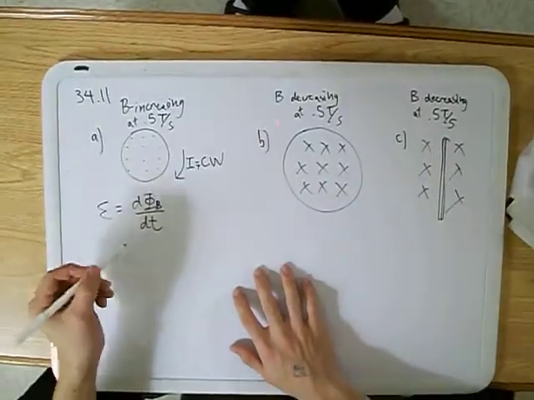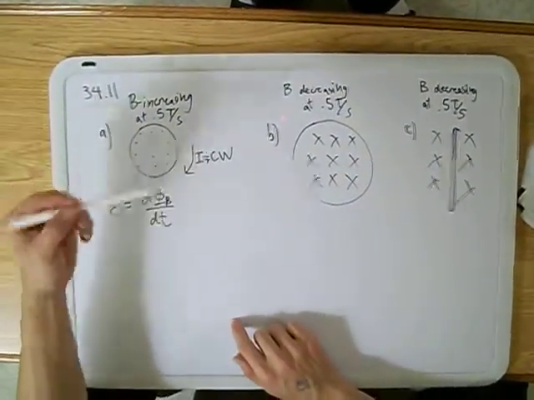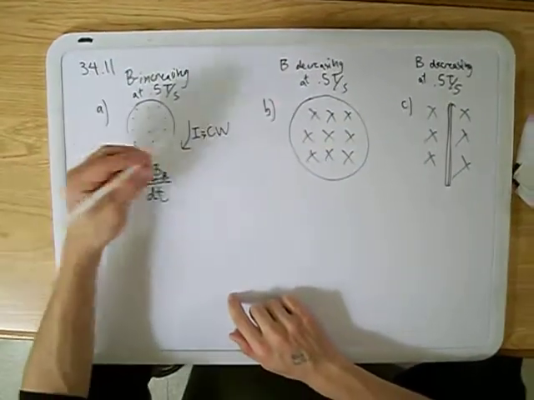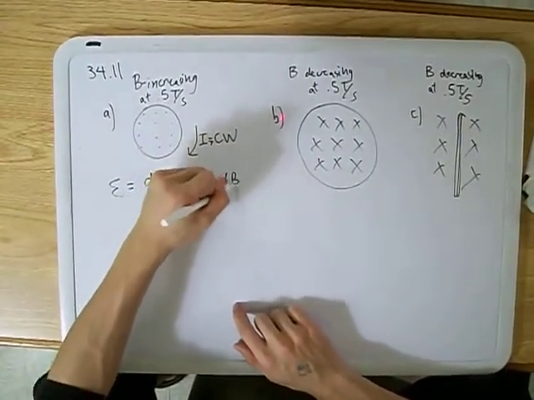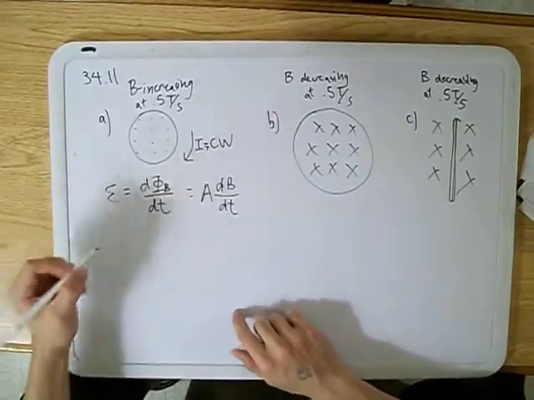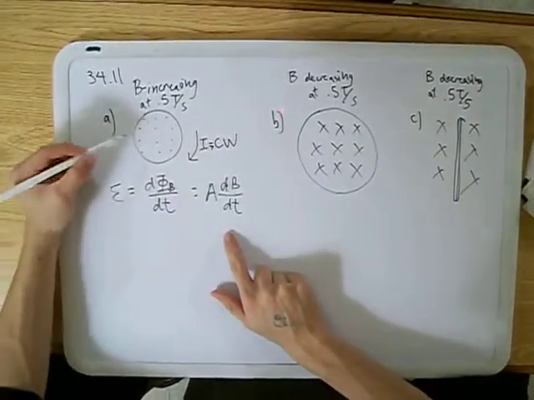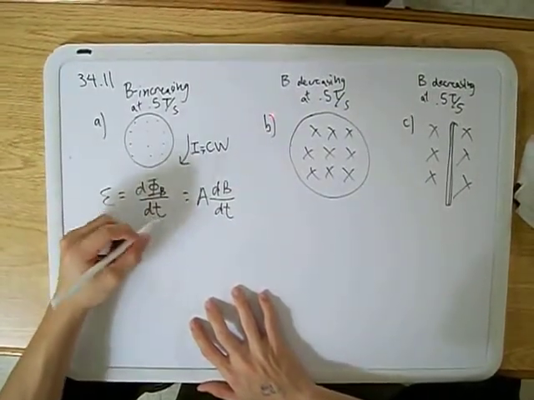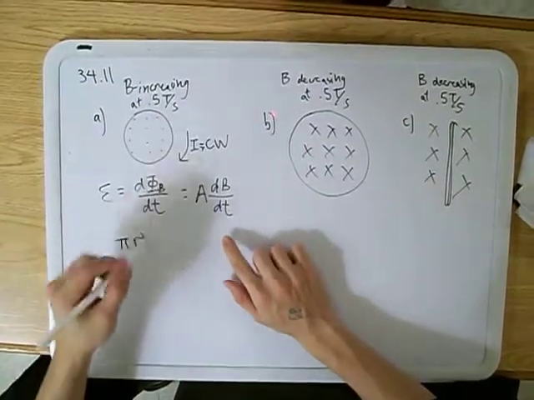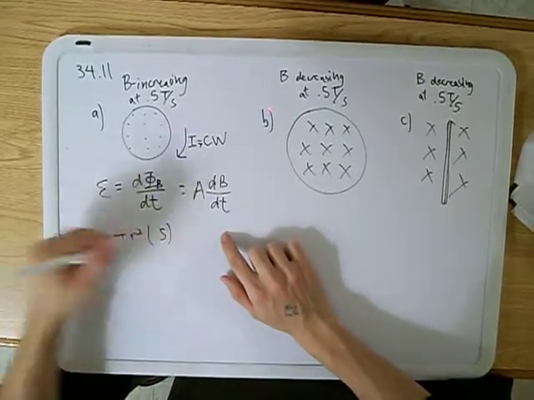And since only the magnetic field is changing while everything else is constant, this will equal area times dB/dt. So the area of this hoop is going to be pi r squared times your dB/dt, which is given as 0.5.